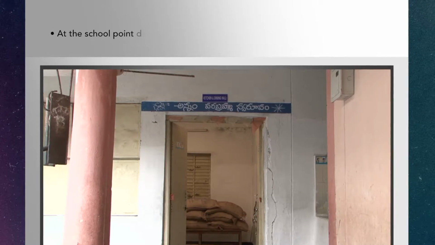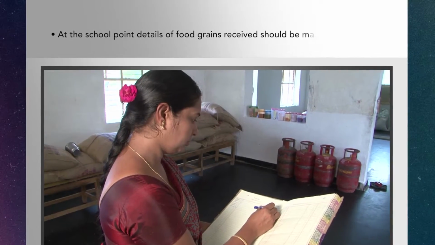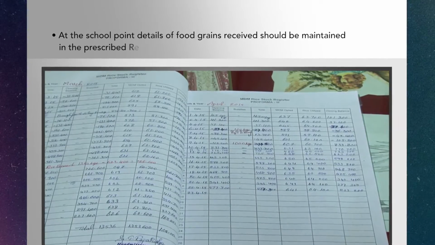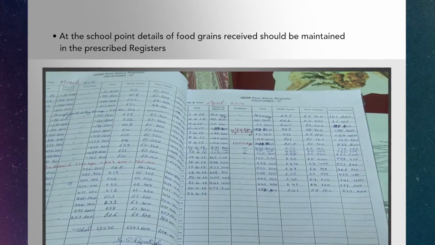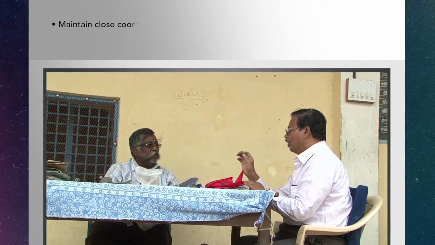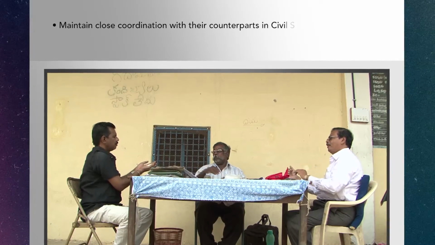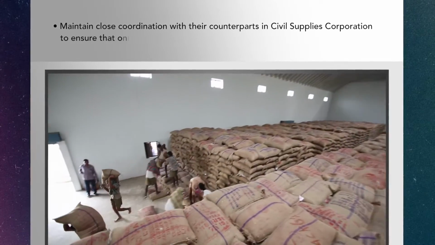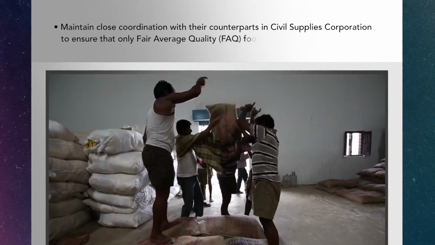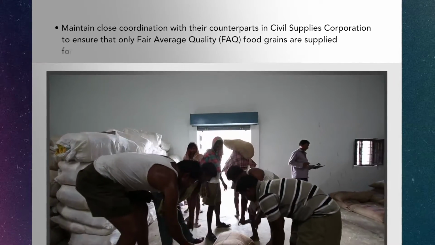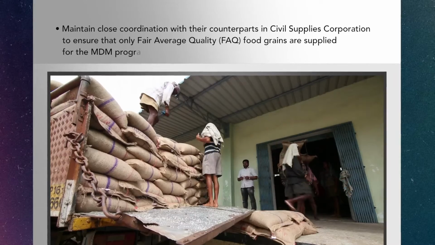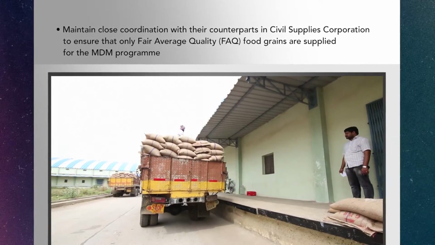At the school point, details of food grains received should be maintained in the prescribed registers. They should maintain close coordination with their counterparts in Civil Supplies Corporation to ensure that only fair average quality (FAQ) food grains are supplied for the MDM program.